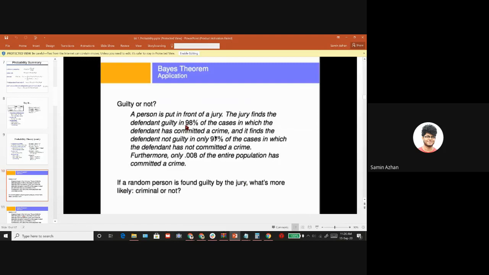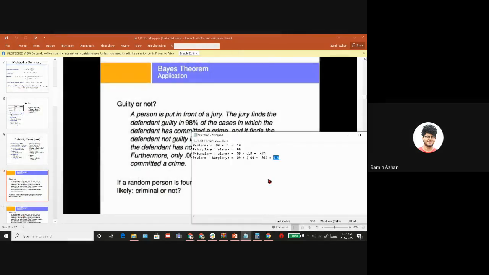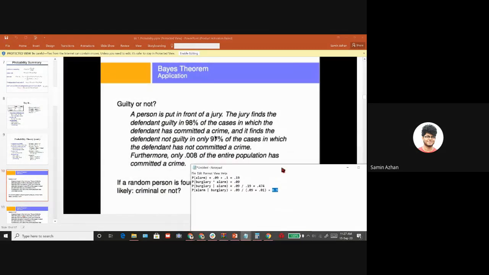And it finds the defendant not guilty in 97% of the cases in which the defendant has not committed a crime. Now, from that, what can we infer? Okay, there's one final line. Furthermore, only 0.008 of the entire population has committed a crime.